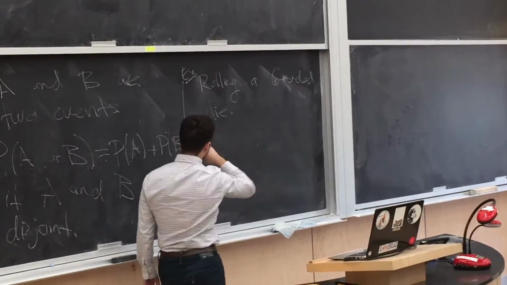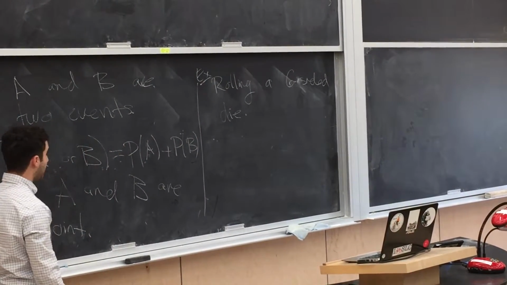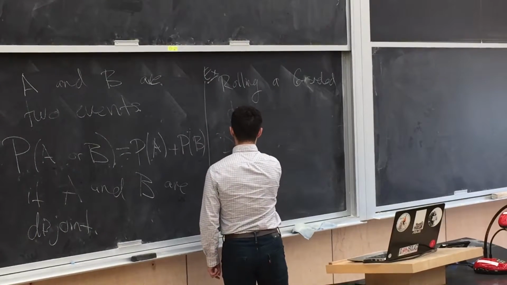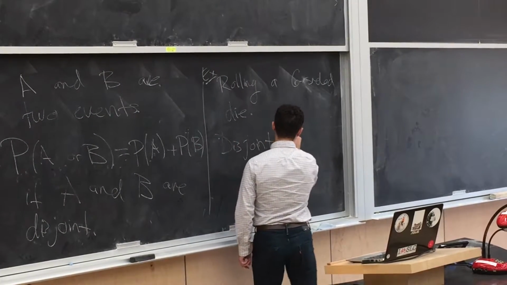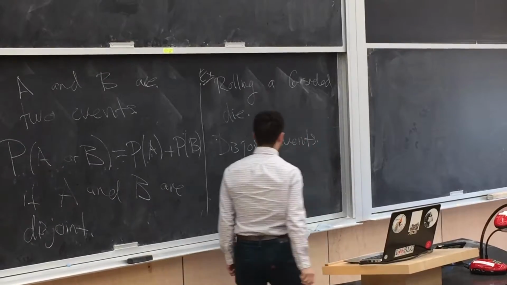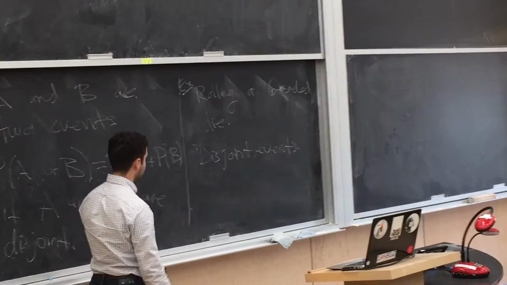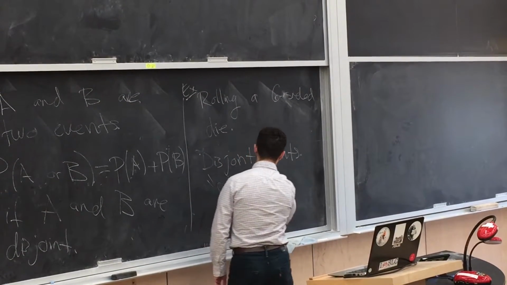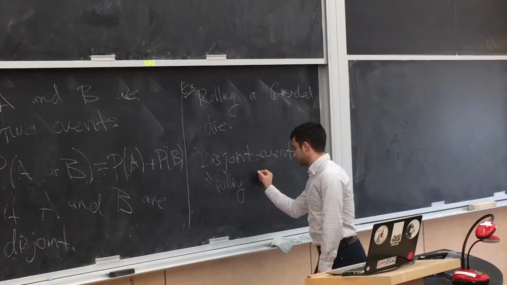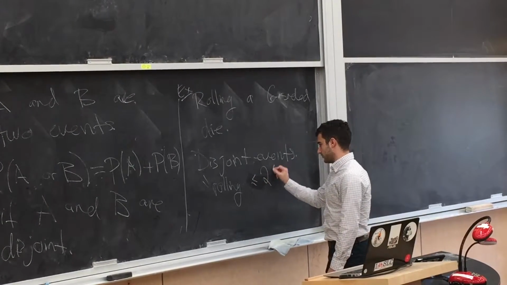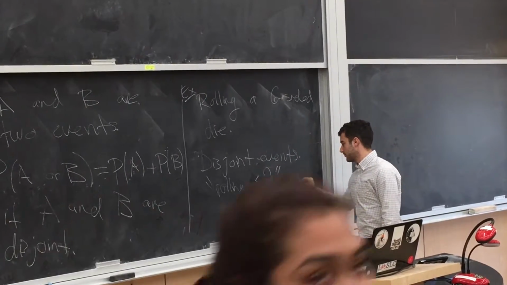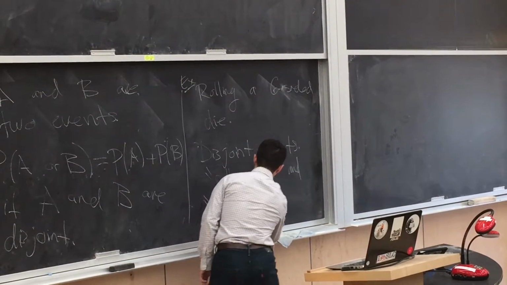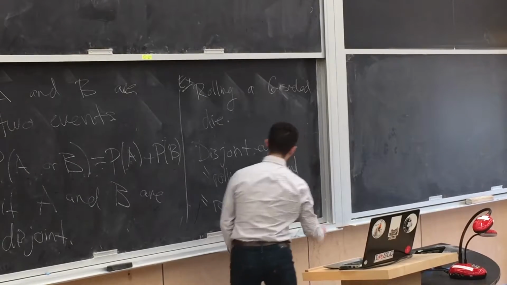An example of disjoint events, so 2 disjoint events would be, for instance, rolling less than or equal to 2, and rolling greater than or equal to 4.